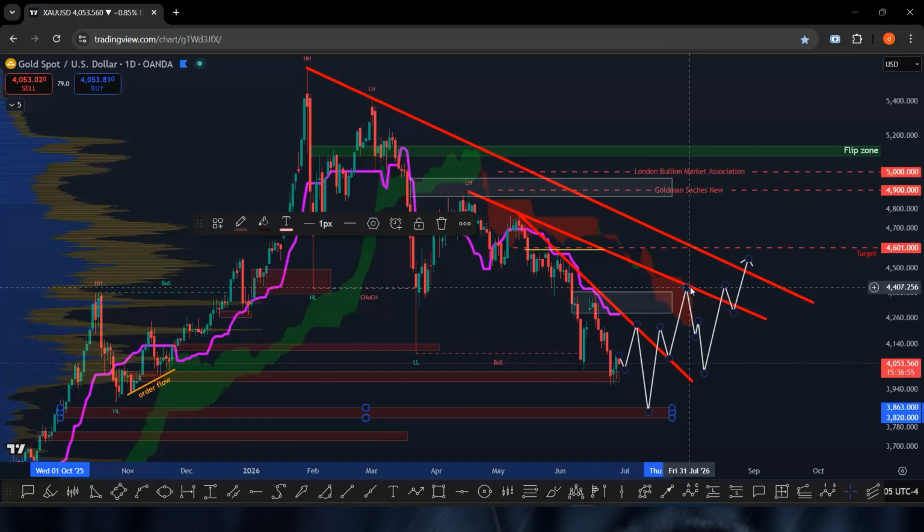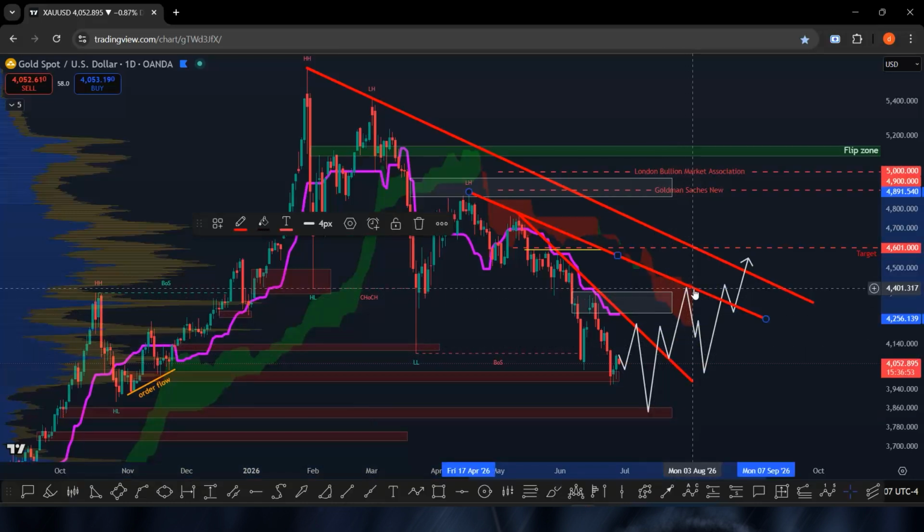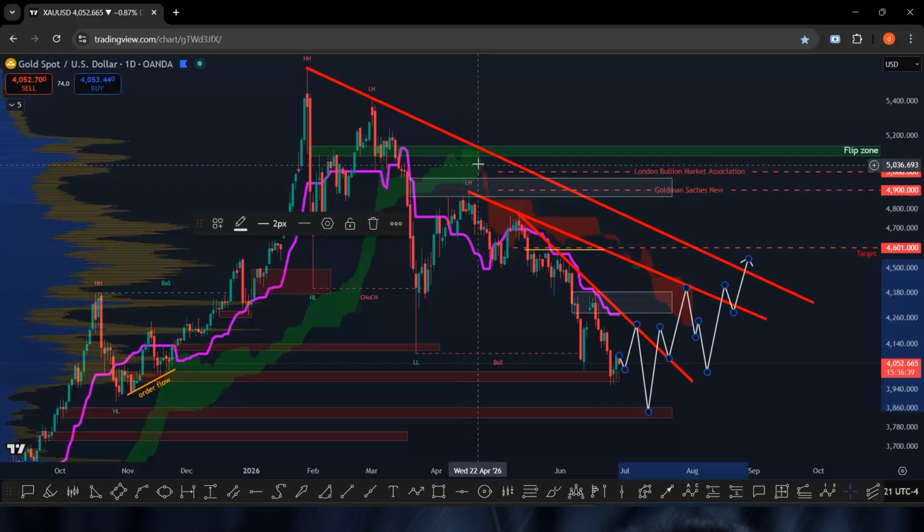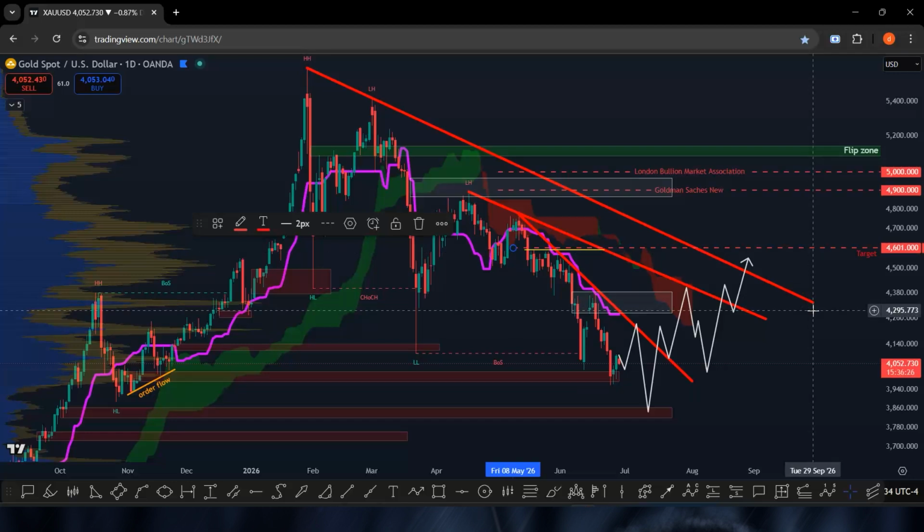After that, moving towards around 4,400, plunging downside, maybe formation of another low, to form a high, low, higher high, lower low, continuation to the upside. And probably the most probable target is testing 4,600 as a midterm target during 2026.